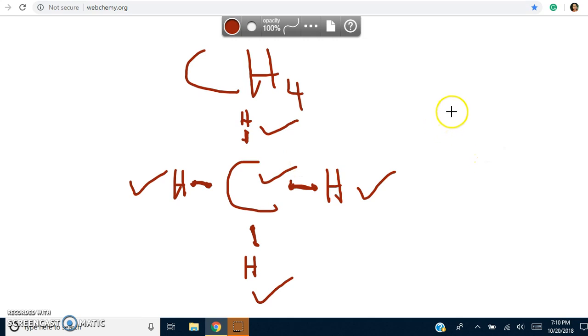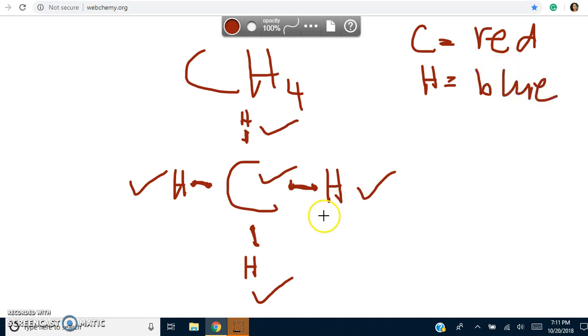So when you make your ball and stick model, it's going to look like this. When you're going to make your Play-Doh, say you want C to be red and you want your H to be blue.